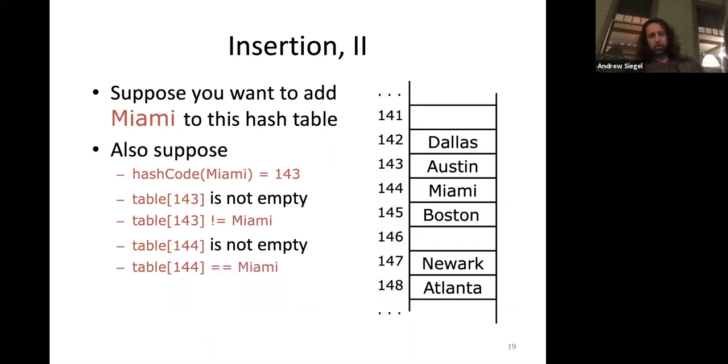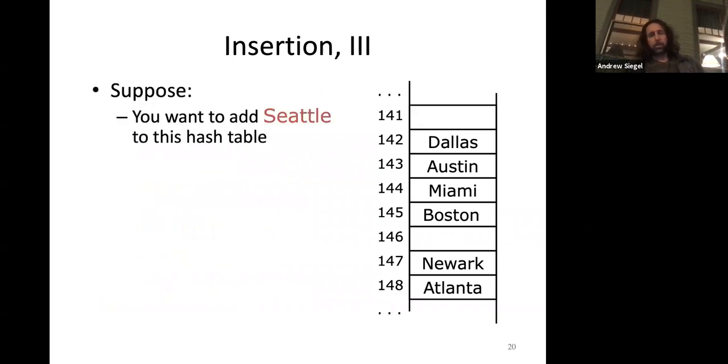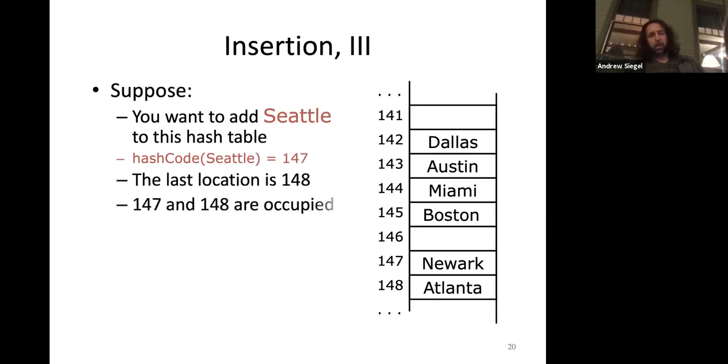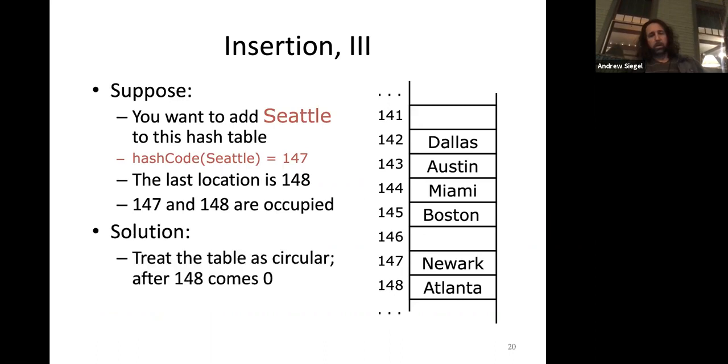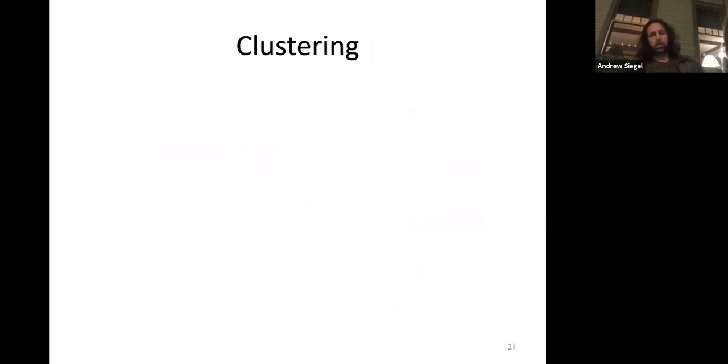Table 144 is Miami. So Miami's already in the table, so do nothing. Now say you want to add Seattle to the hash table. Seattle hashes to 147. The last location is 148. 147 and 148 are occupied. So like I said, we treat the list as circular and we come around to 0, and hence Seattle goes in 0, or if it's taken, 1 and 2 and so forth.